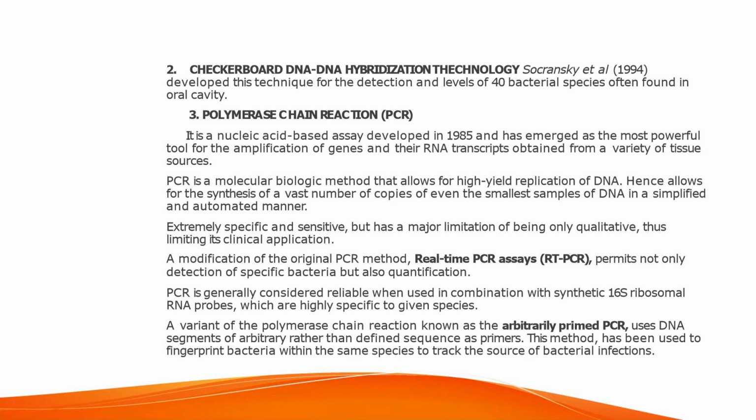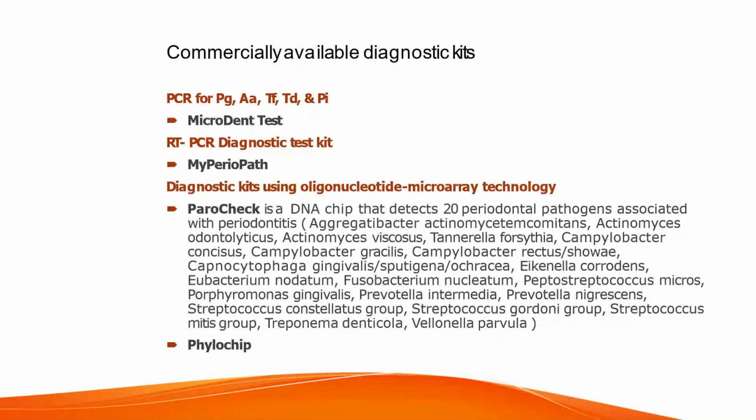and or viruses. PCR is also generally considered reliable when used in combination with certain synthetic 16S ribosomal RNA probes, which are highly specific to a given species. Then we have commercially available diagnostic kits like PCR for different bacteria like P. gingivalis, AA, Tannerella forsythia, T. denticola, and P. intermedia, which is the microdent test.